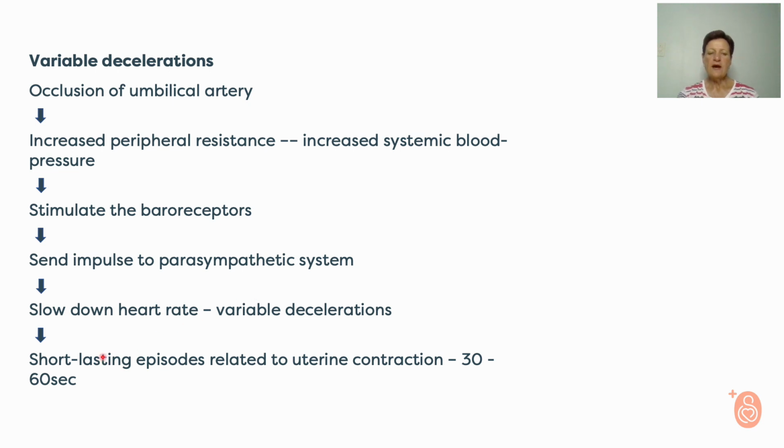These variable decelerations are usually quite short. They seldom last, or they're not really supposed to last, longer than 60 seconds. And we will come back to the 60-second story just now.